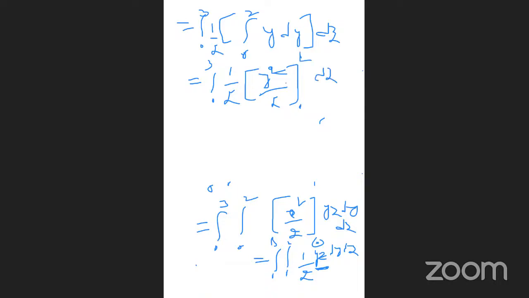So what we are getting is 0 to 3 and 1 by 2. Y square means in place of y we substitute 2, that becomes 4 by 2, so that becomes 2.